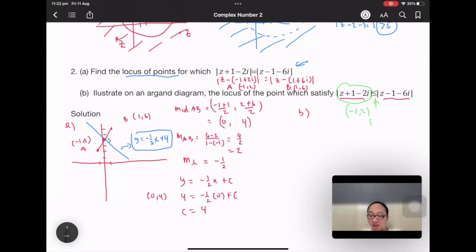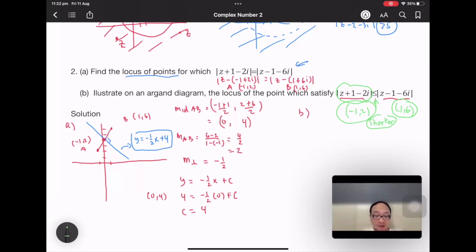So that means this will be shorter than the distance to the coordinate 1, 6. So that's the definition. That's how you read this inequality. So find the region where the complex number is closer to this rather than to 1, 6.